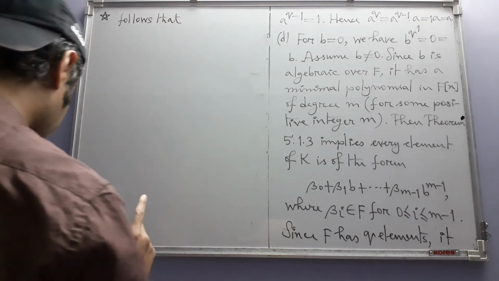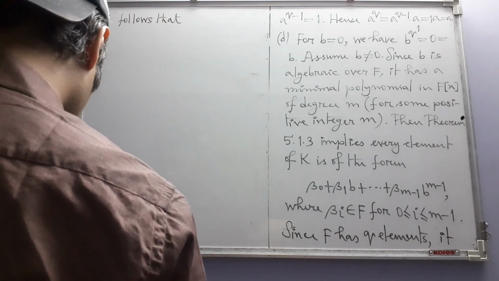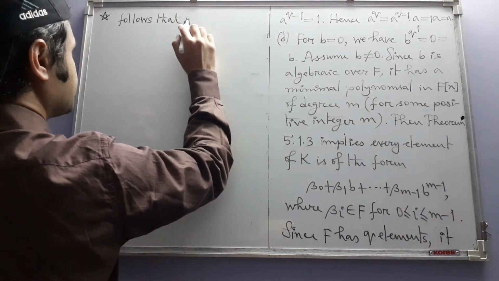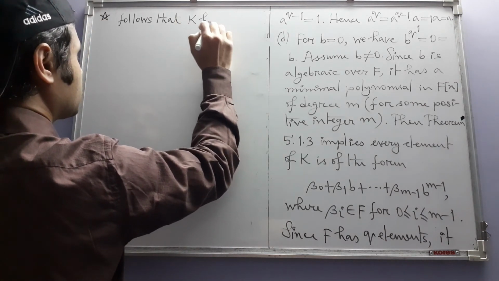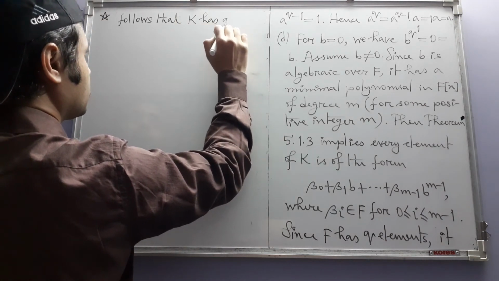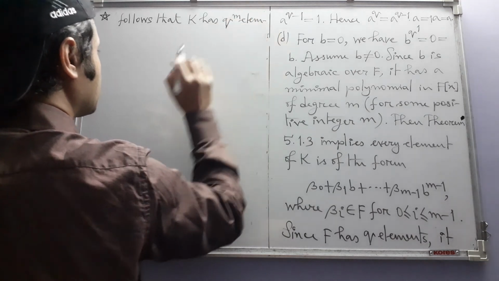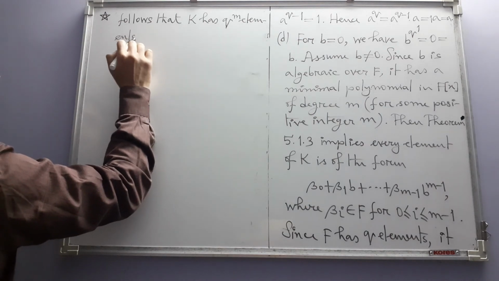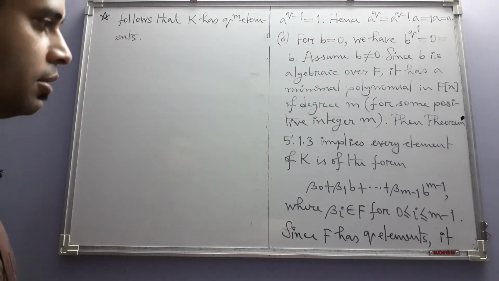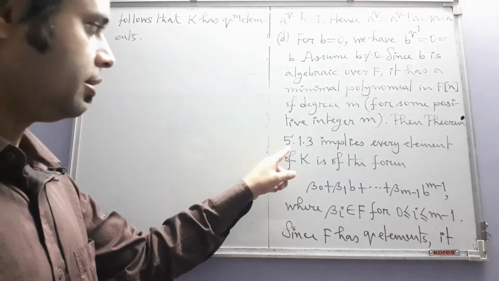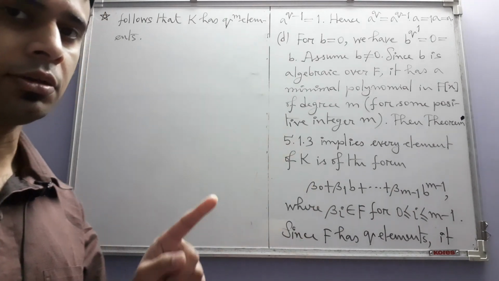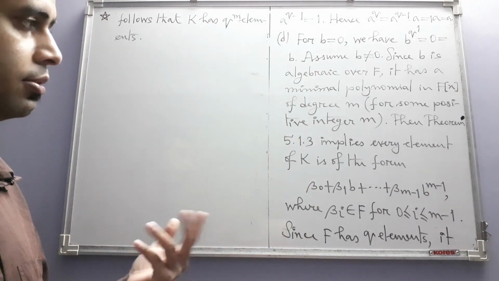It follows that K has q to the power m elements. In fact, in theorem 513, what is it that we proved?